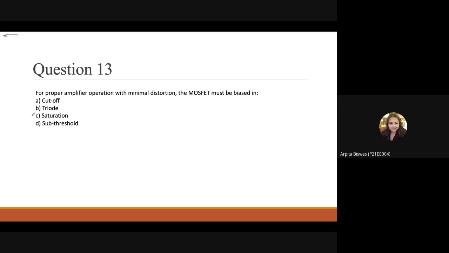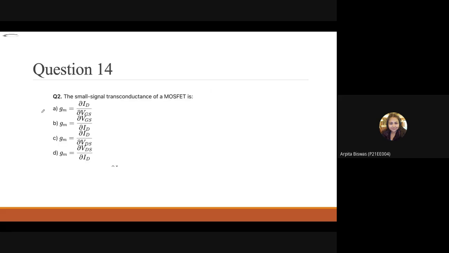Saturation, ma'am. Saturation. This is the question number 14. The small signal transconductance of a MOSFET is. So, which one is the right option?